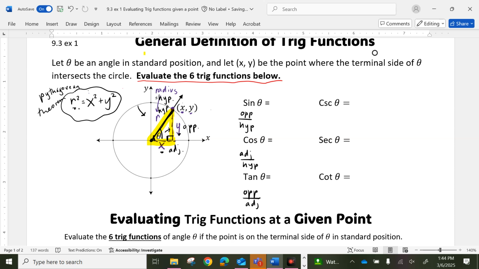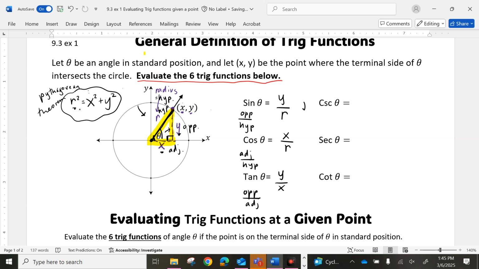And so all together, once I've drawn this triangle, your opposite side will be y, and then your hypotenuse will be your radius, r. For cosine, sort of similarly, your adjacent is x, and again, your hypotenuse is r. And then for tangent, your opposite is y, and your adjacent is x.